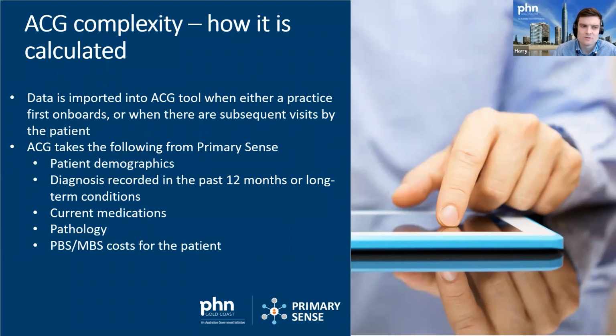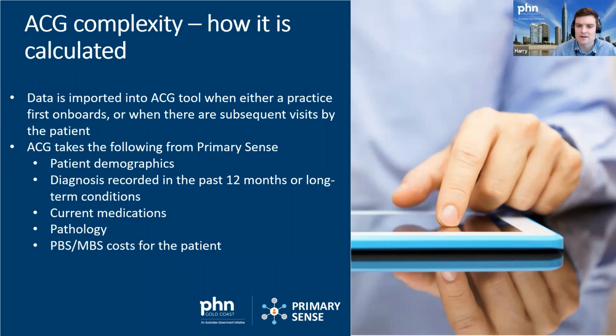The ACG tool takes the following from Primary Sense: the patient's demographics, diagnosis recorded in the past 12 months or any long-term conditions, current medications prescribed to the patients, pathology, and MBS and PBS cost for this patient. From the above outputs, the Johns Hopkins ACG tool runs an algorithm over the data to create a complexity score for each patient in the practice.